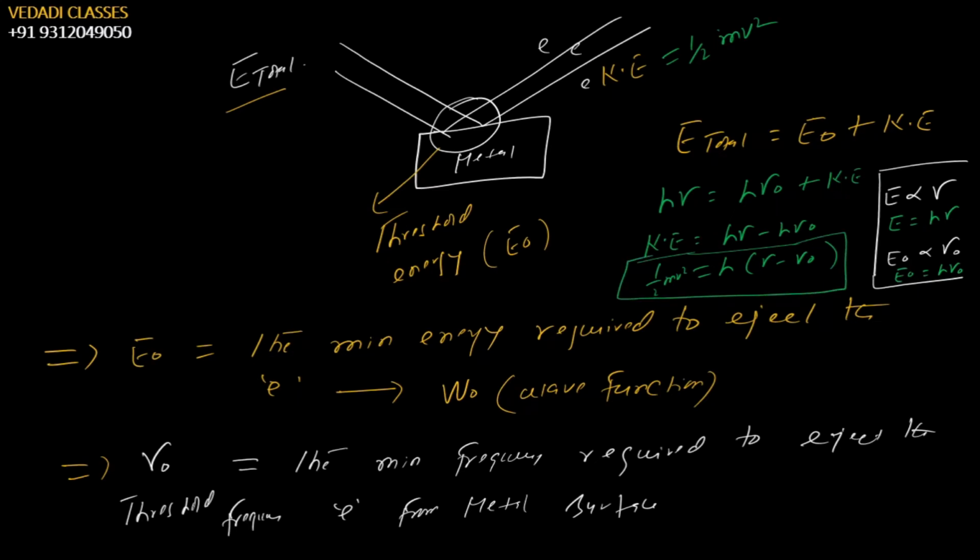With the help of this we have to solve some questions based upon the photoelectric effect and quantum theory. Usually in CBSE, direct questions come using the formula E is equal to h nu or E is equal to h c by lambda.